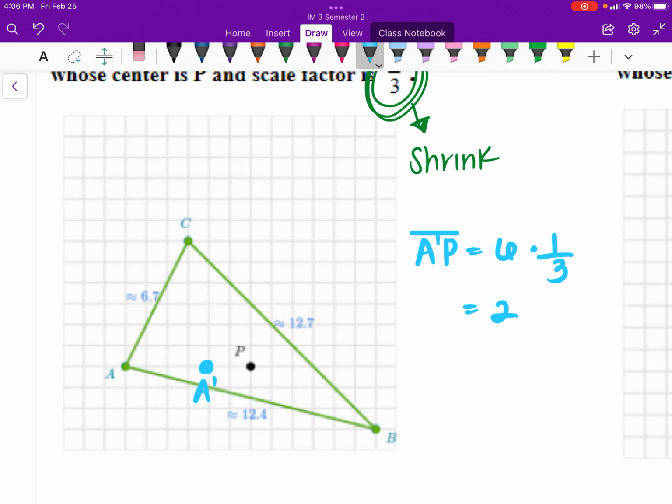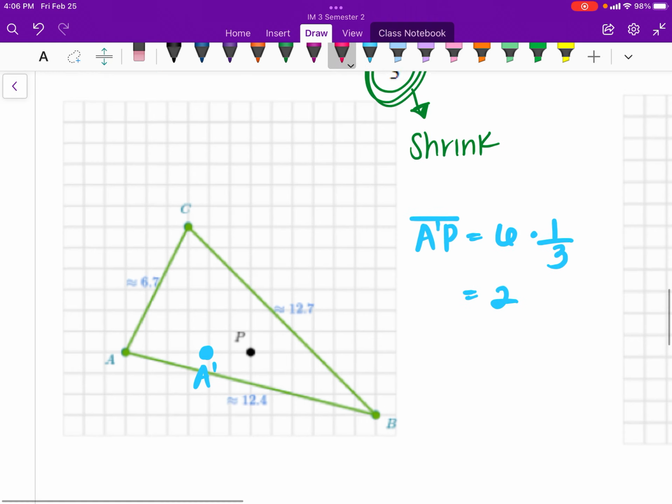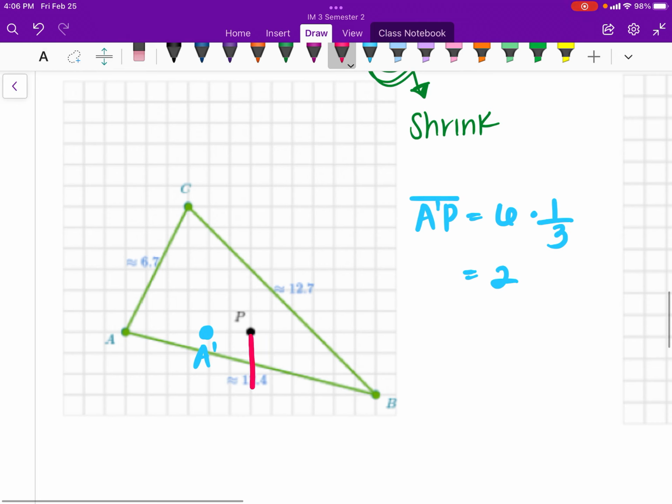That is A prime. Now I'm going to do the same thing with the other ones. With the other ones, we are going to be moving left and right, up and down. So let's look at B here. We're moving in 2 different directions. Going down, we're going down 3, and we're running 6 to the right. In order to find the new point B prime, we have to do this separately. For the first one, I'll change colors and do orange.